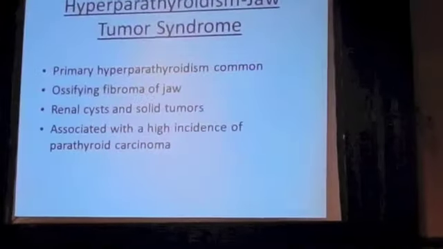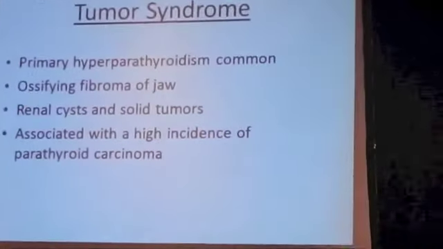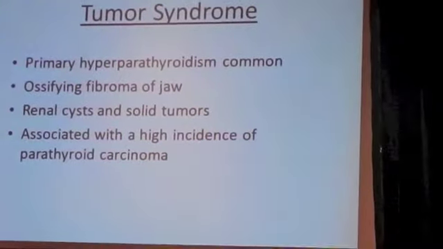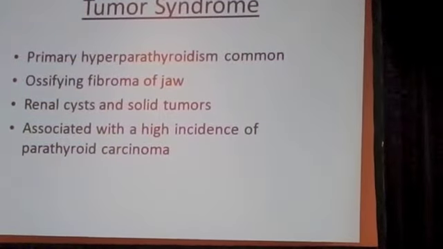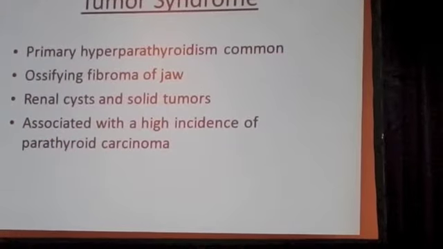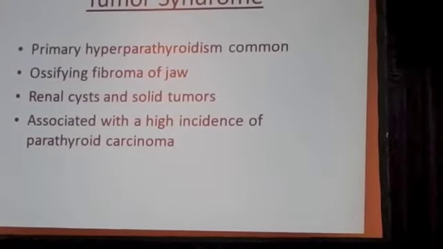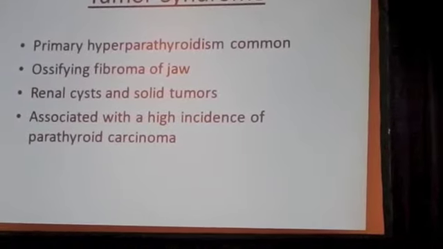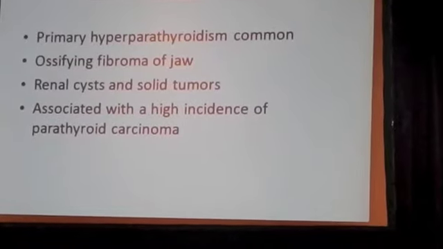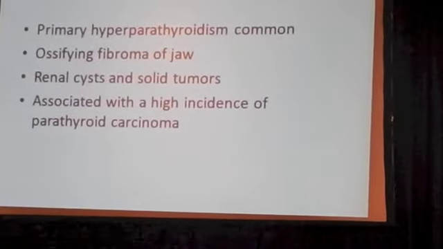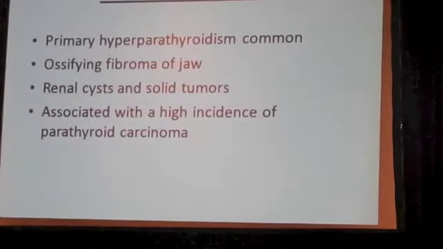In terms of thinking about differential diagnoses, another condition in which a parathyroid may be genetically inherited is the so-called hyperparathyroidism-jaw tumor syndrome. These individuals usually present with primary hyperparathyroidism as well.